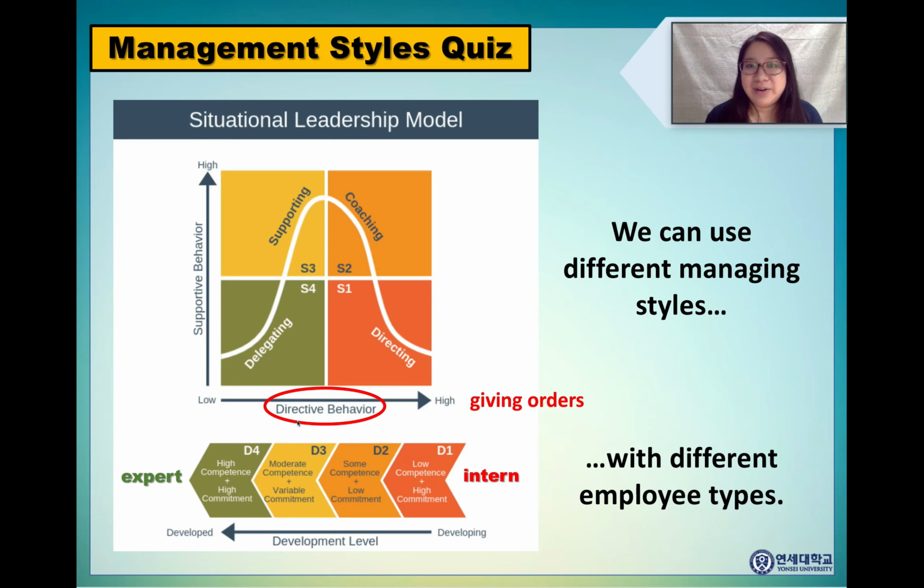Directive behavior means giving orders or giving instructions. Supportive behavior is giving advice and giving help. So, for example, if you have a very low skill level employee, like an intern, who needs a lot of guidance, you're going to give them a high level of directive behavior.